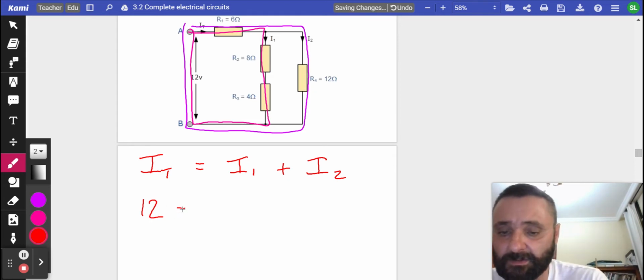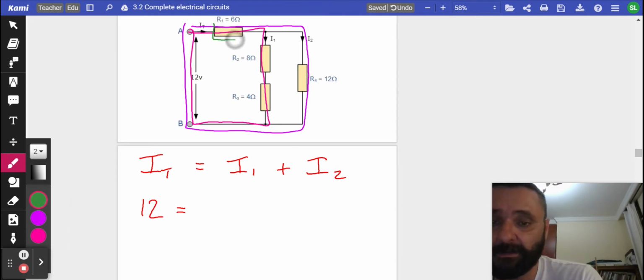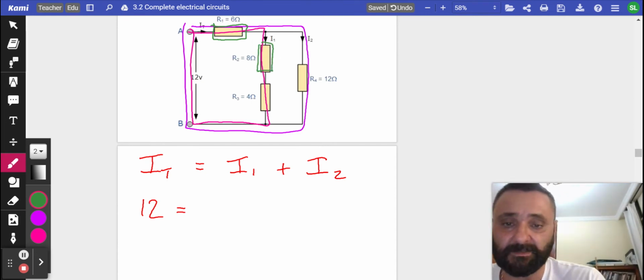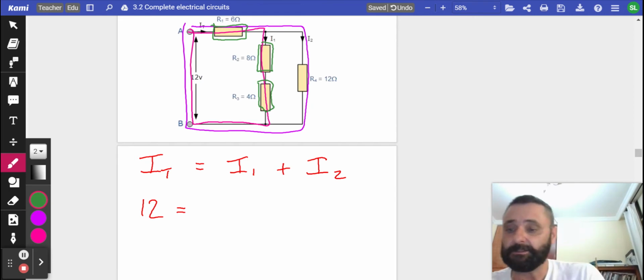Now that's equal to, in loop 1, a potential difference across that resistor, a potential difference across R2, that resistor, and a potential difference across R3. So we've got 3 potential difference drops we need to add together.